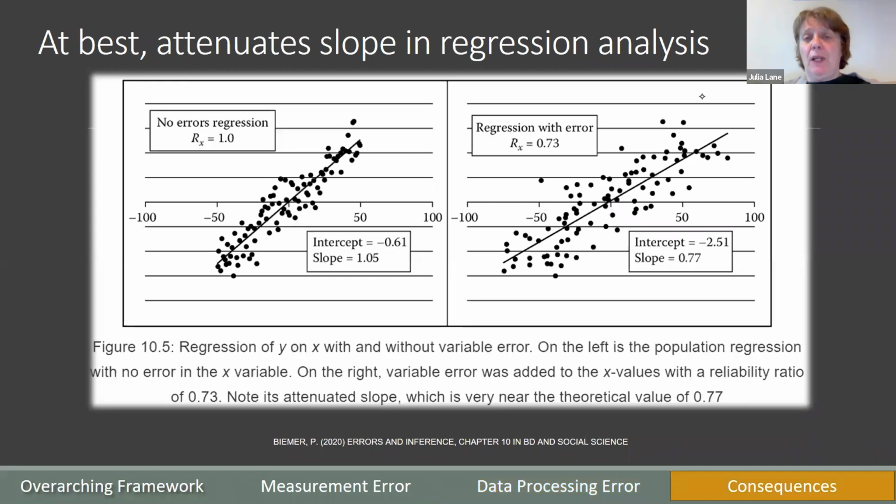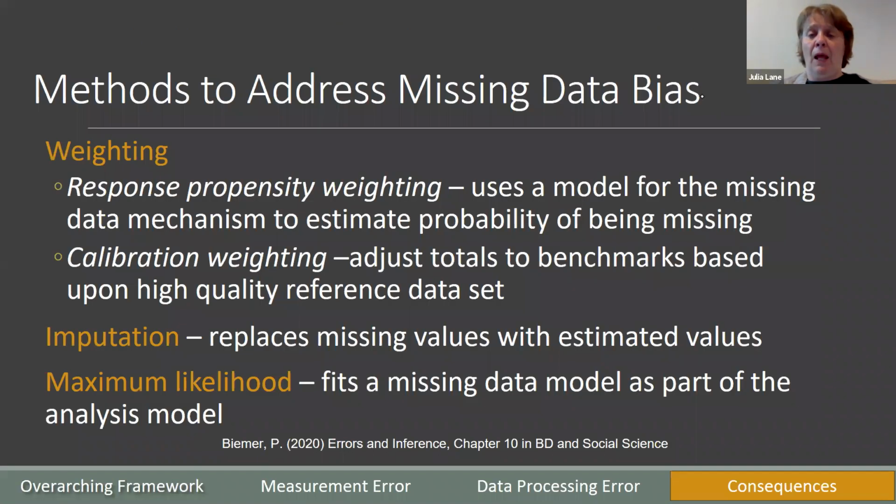And even if there isn't a bias, the increase in noise when you have measurement error at best reduces the precision of your estimates and downwardly biases it. So there are lots of ways of handling this, a lot beyond the scope of this particular video.